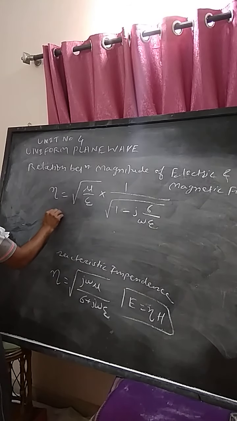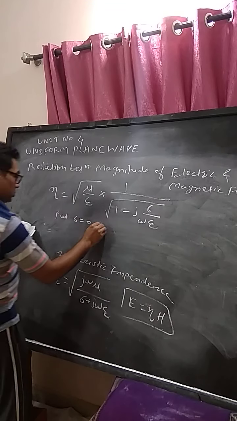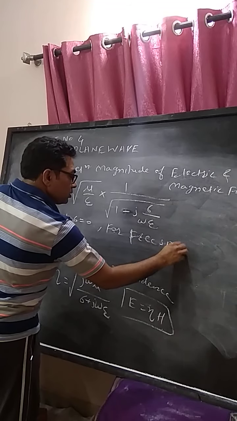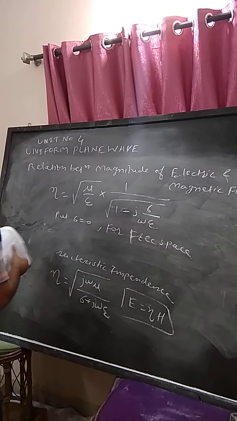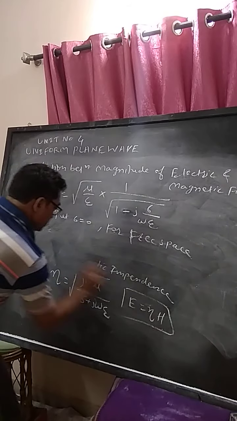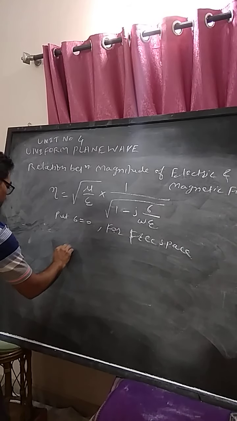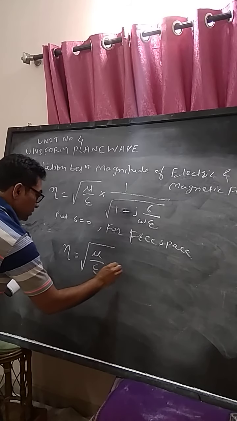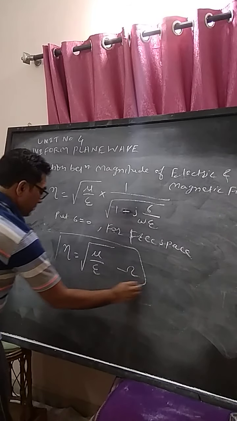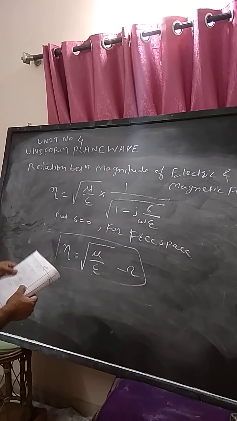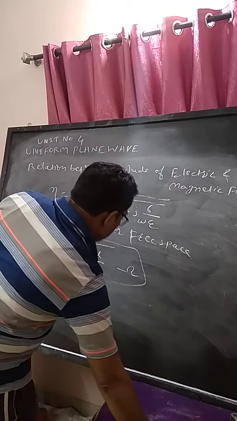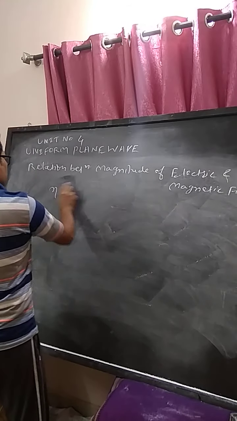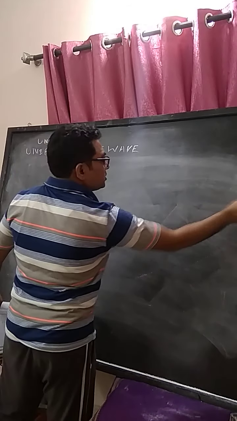Now after putting sigma equal to 0 for free space, the equation of intrinsic impedance is eta equal to under root of mu divided by epsilon in ohm. So this is the final formula to calculate the intrinsic impedance. These are the derivations we have understood in the class, and I am just reminding you here of the basic formulas used.